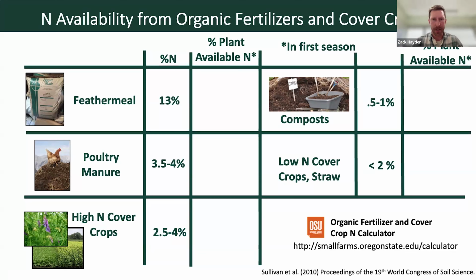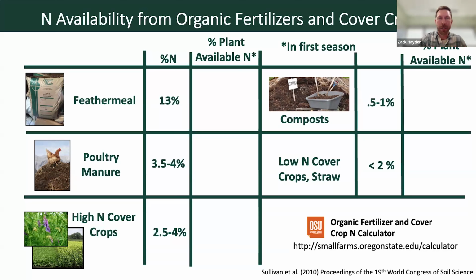And what's going on here is when you add an organic fertility source to the soil, we've got both carbon and nitrogen, right? And the microbes, when they decompose that carbon, they're going to decompose as much carbon as you give them. Now, if you also give them in that material enough nitrogen to build their bodies, they'll release the rest of that nitrogen in available forms that plants can take up.